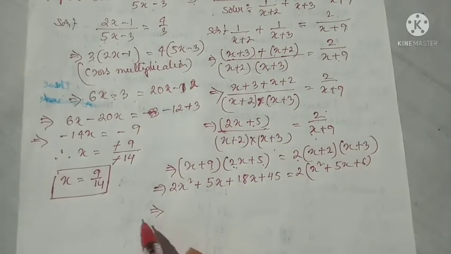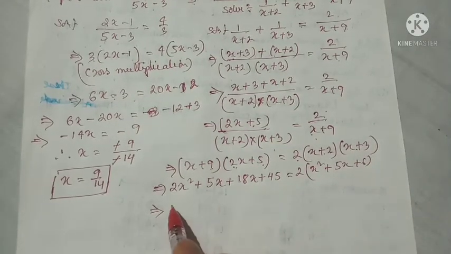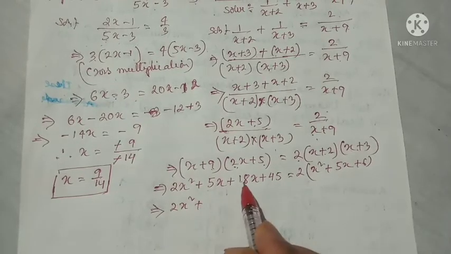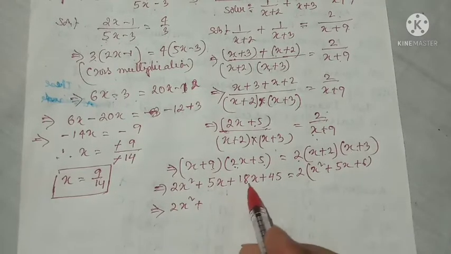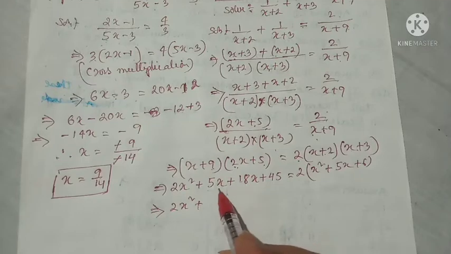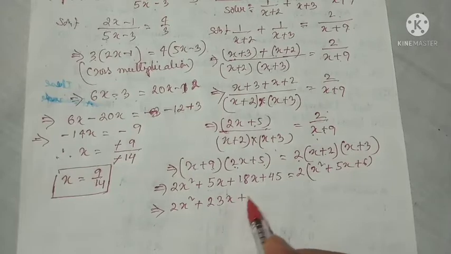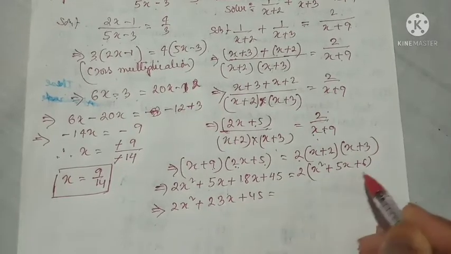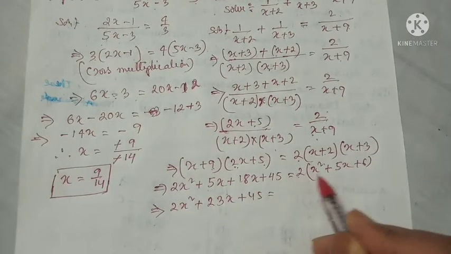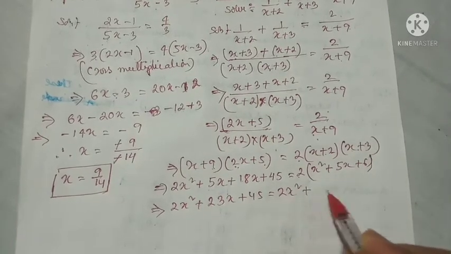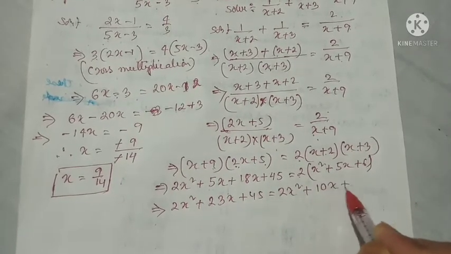In the left hand side you will get 2x square plus 23x plus 45. In this side, multiply the 2 inside the bracket: 2x square plus 10x plus 12.